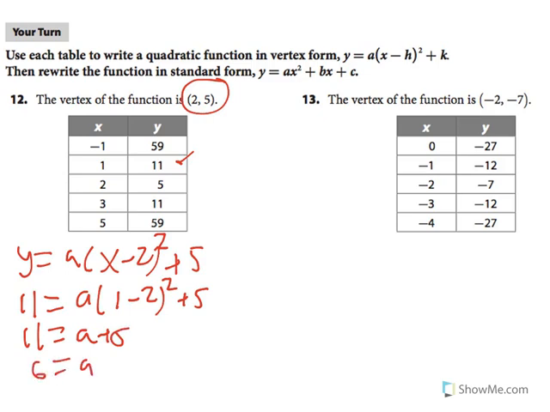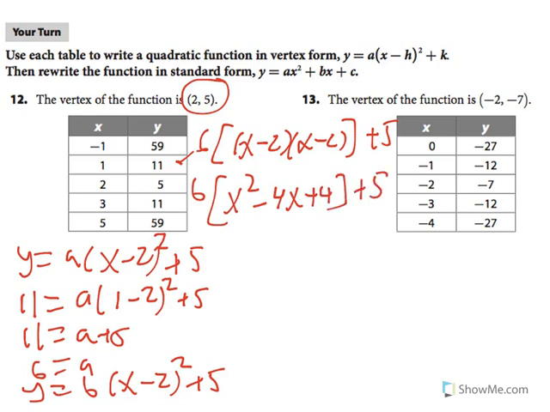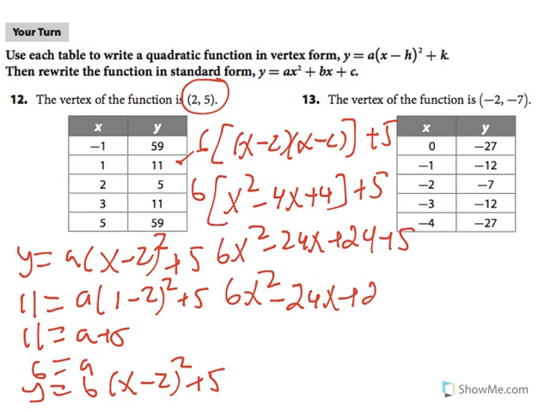Right, so then the vertex form is 6 times x minus 2 quantity squared plus 5. So then this is 6 times x minus 2 times x minus 2 plus 5. So 6 times x squared minus 4x plus 4 plus 5. So 6x squared minus 24x plus 24 plus 5 should give us 6x squared minus 24x plus 29.